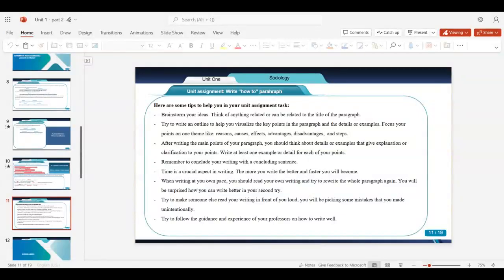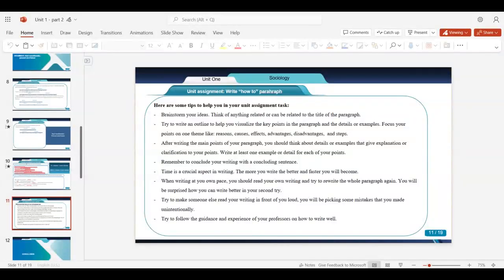For writing, you need just practice. Maybe the first time you start to write, you have some mistakes, but the second time you can see that you reduce the mistake level, and the third time it's very good, and hopefully you can do it well.